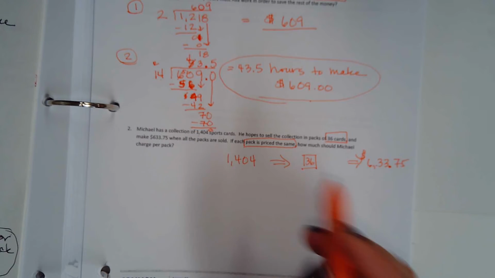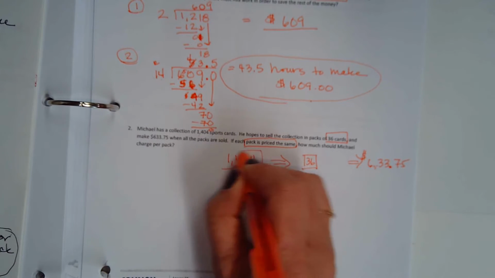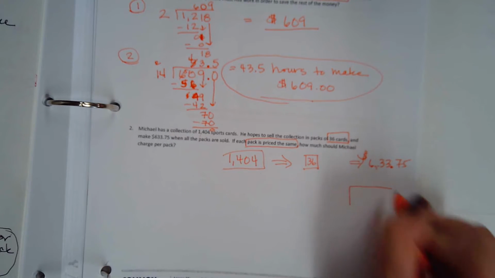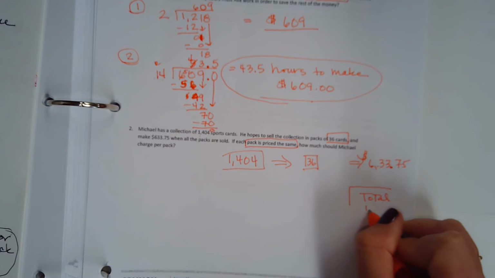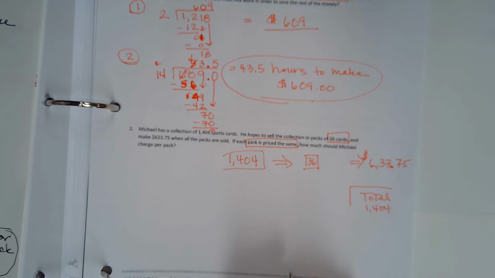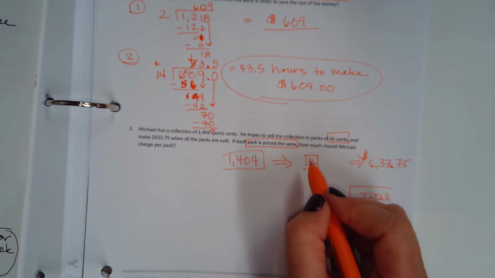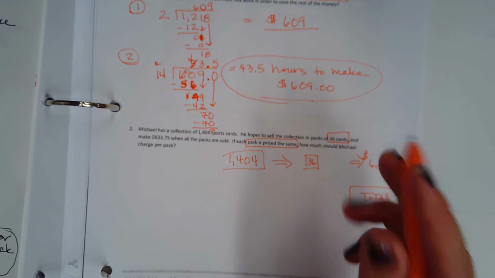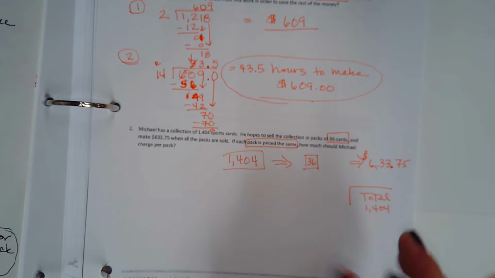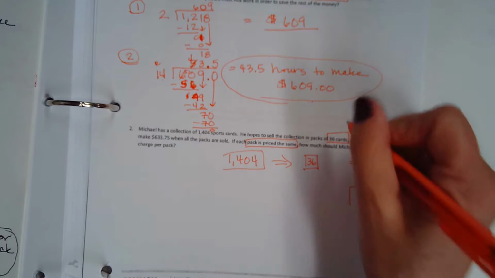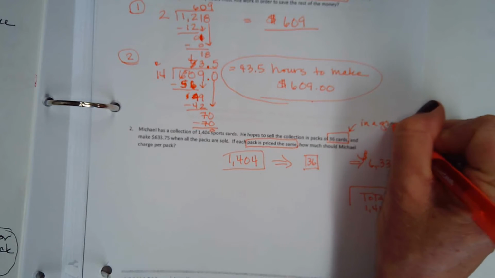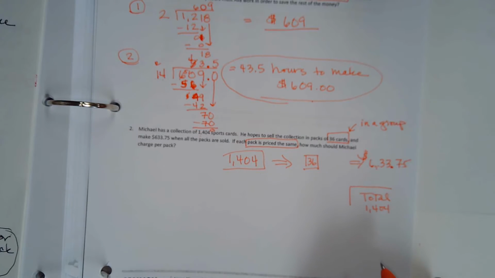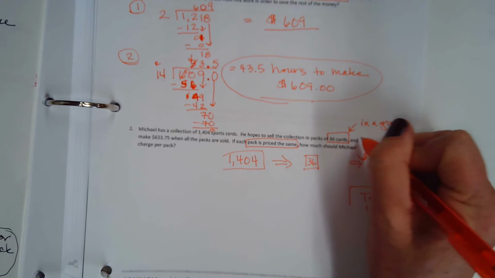What part are we missing? We know the total. So if you looked at it this way in an array, we know the total of 1404, and we know that he's going to sell it in packs of cards of 36. So that means this is how much is inside in a group. What part are we missing?